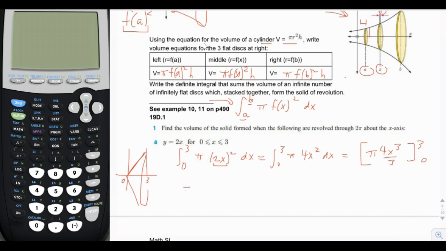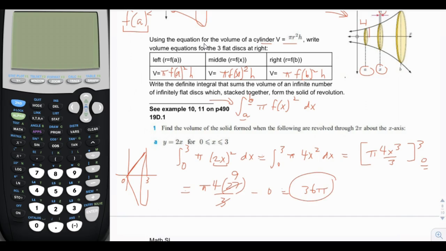So that's equal to pi times 4 times 27 divided by 3 minus 0. Okay? So when we evaluate it at 0, it's just 0. So 27 divided by 3 is 9. So that's going to be 36 pi. Wow, what a nice even number.